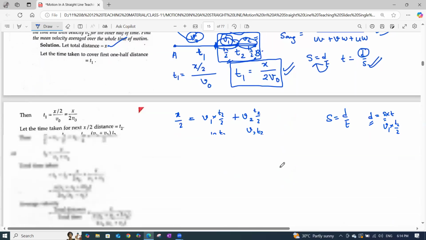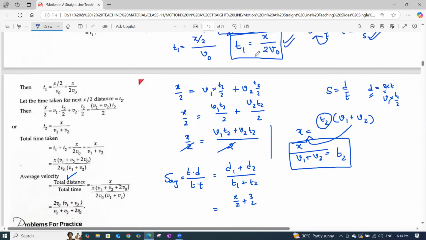And for time, t1 is equal to x by 2 v naught, so upon t1 plus t2, that is x by 2 v naught plus x by v1 plus v2.